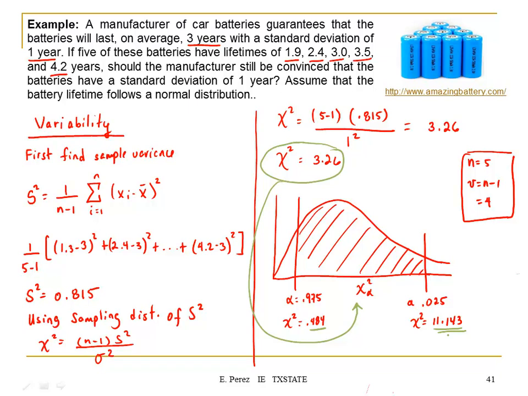So our conclusion: the computed value with sigma squared equals 1 is reasonable.